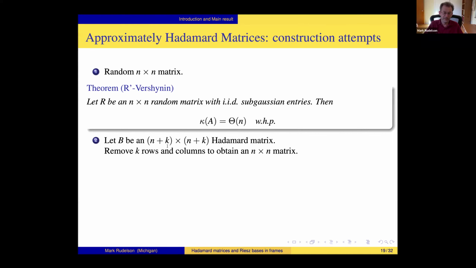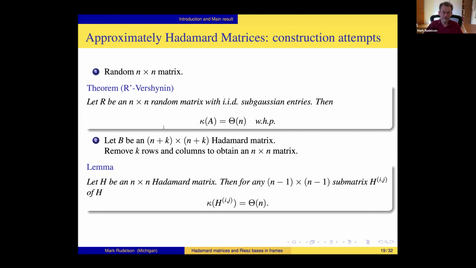This fails in an even more extreme way. If k is 1, and there is an n by n Hadamard matrix, then all its n minus 1 by n minus 1 minors have condition number about n. And this is a deterministic statement.